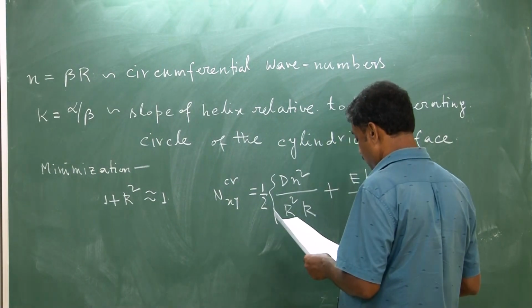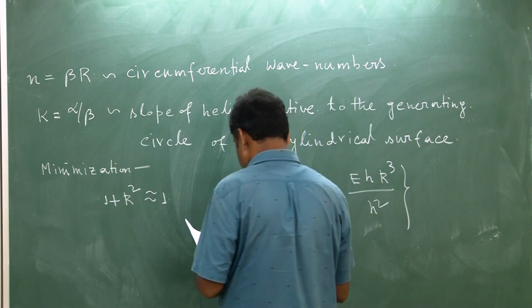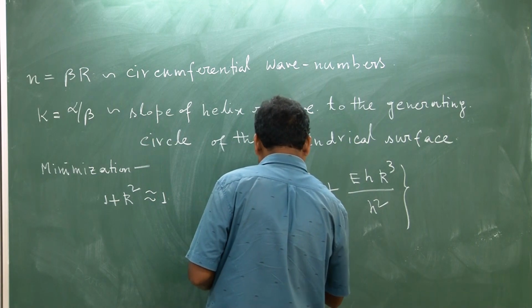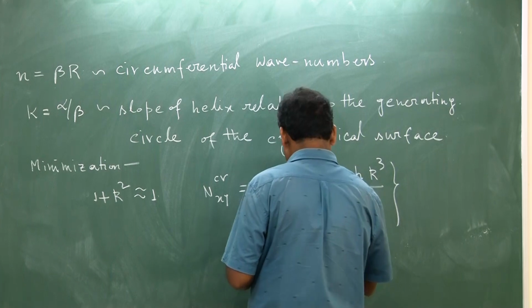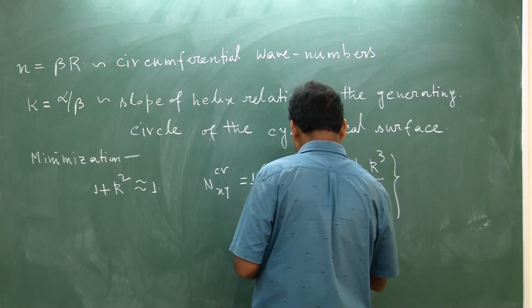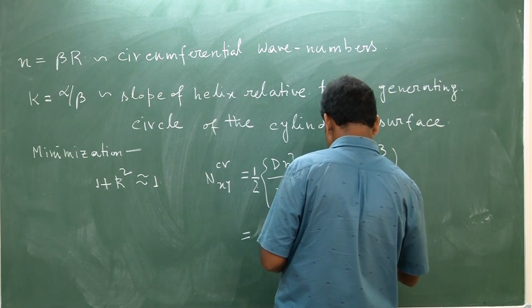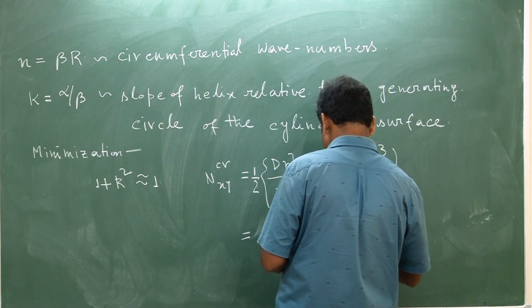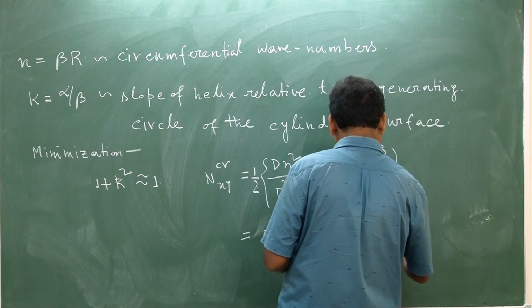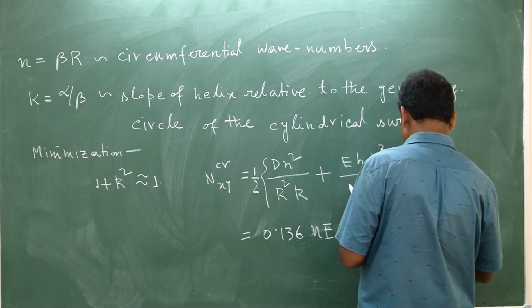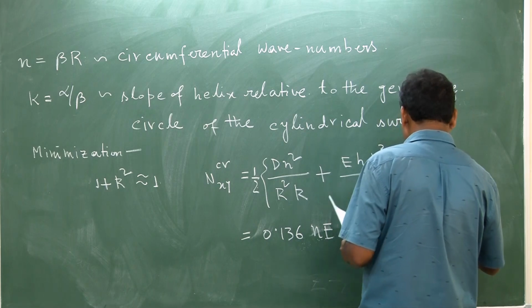Now, this can further be simplified to 0.1366 n E h by r to the power 3 by 2, 1 minus nu square to the power minus 3 by 4.